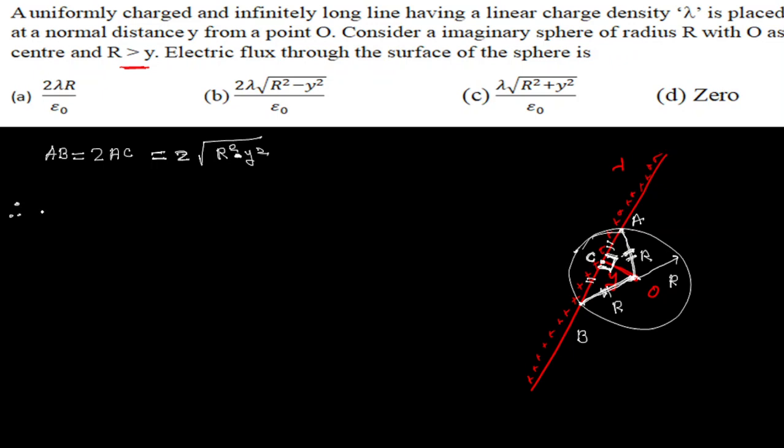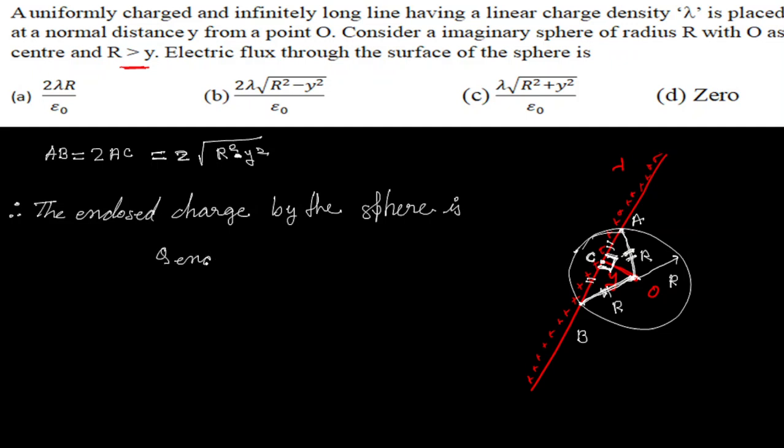Therefore the enclosed charge by the sphere is Q enclosed, which equals simply lambda into this AB length, 2 times under root of R square minus Y square.